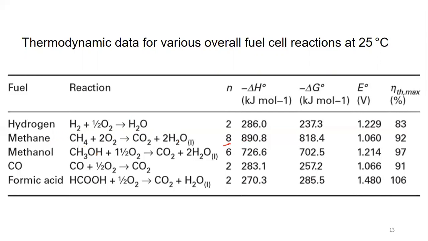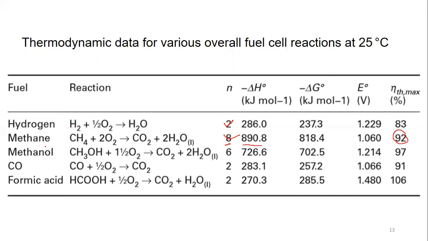Now you can compare: if there is 2 electron transfer versus 8 electron transfer, what will be the effect on the current and voltage. Here you can see the enthalpy change, minus delta H, and the entropy, but I'm just interested in the efficiency, which is 92%.